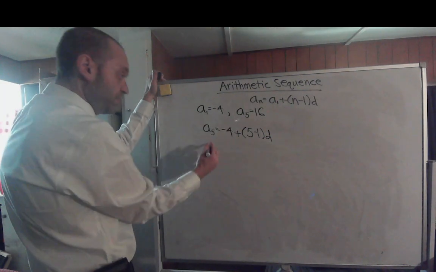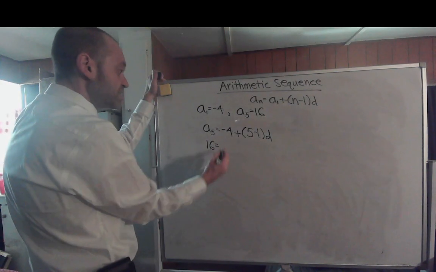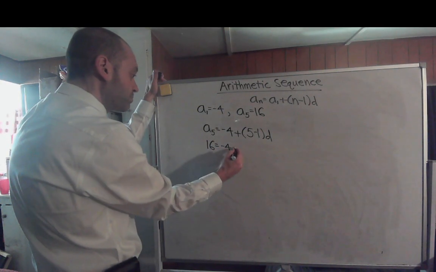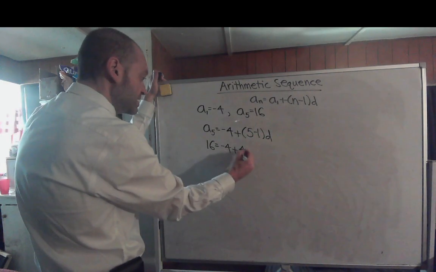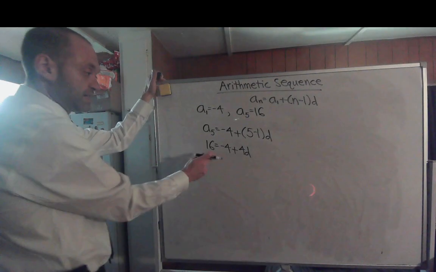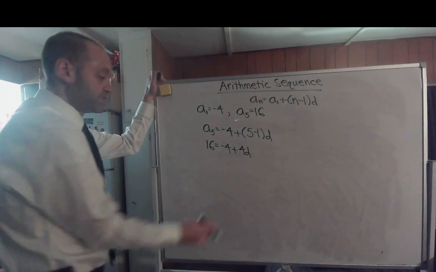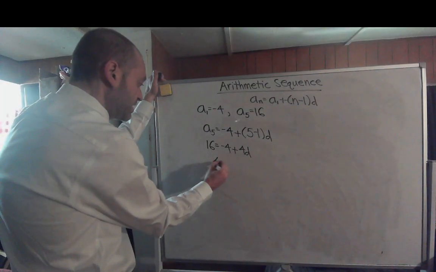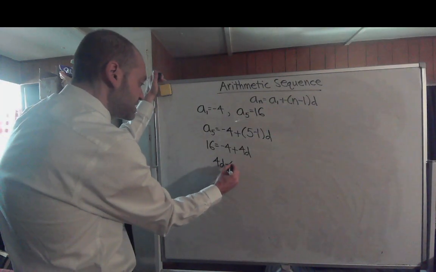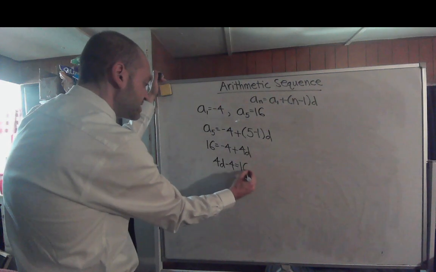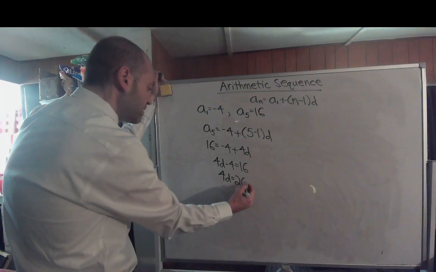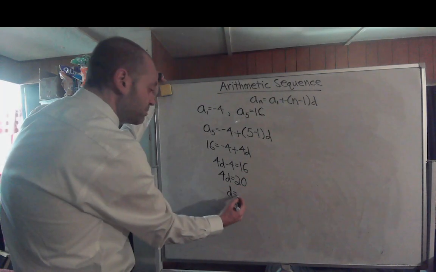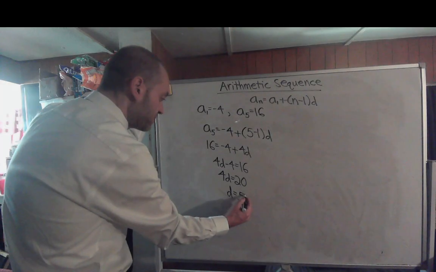Well, a sub 5 is 16, so 16 equals negative 4 plus 5 minus 1, which is 4, times d. So we would have 16 equals negative 4 plus 4d, which we can rearrange to make 4d minus 4 equals 16, so 4d equals 20, which means d, my common difference, is 5.